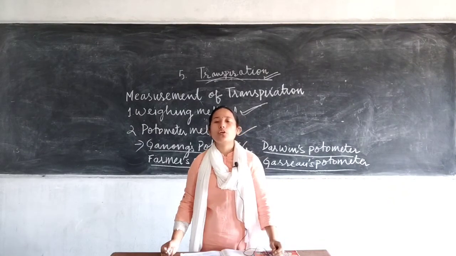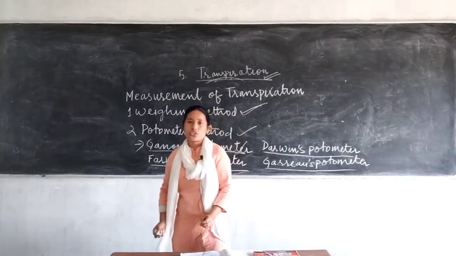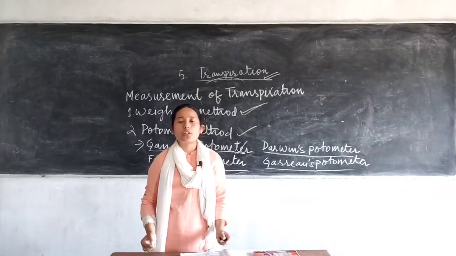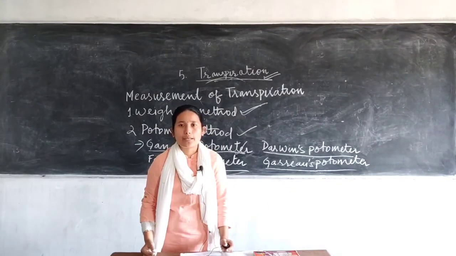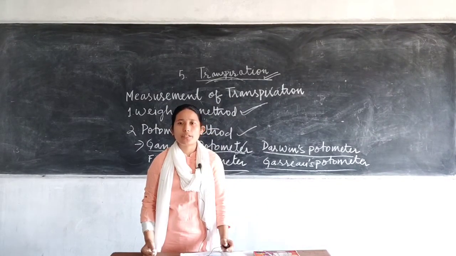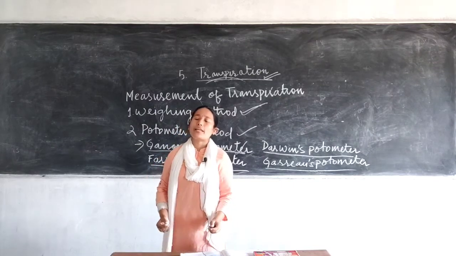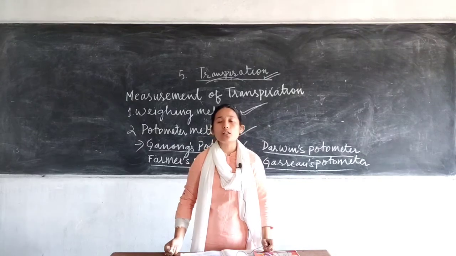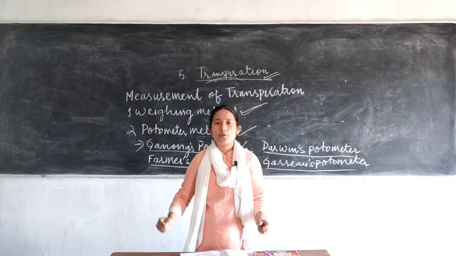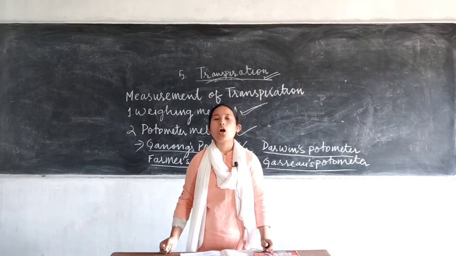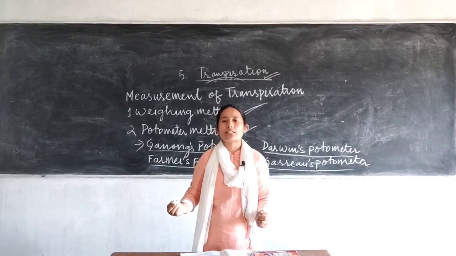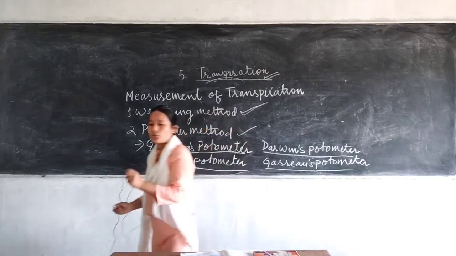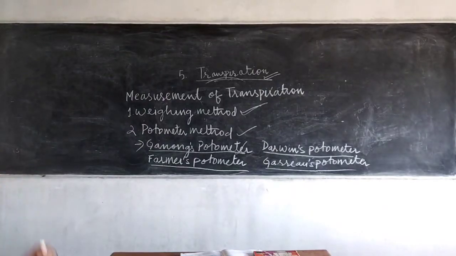You can do a slight modification in this experiment, related to the measurement of transpiration, by introducing a capillary tube in a bell jar or a container where you have placed a plant. I'll show you that particular setup.